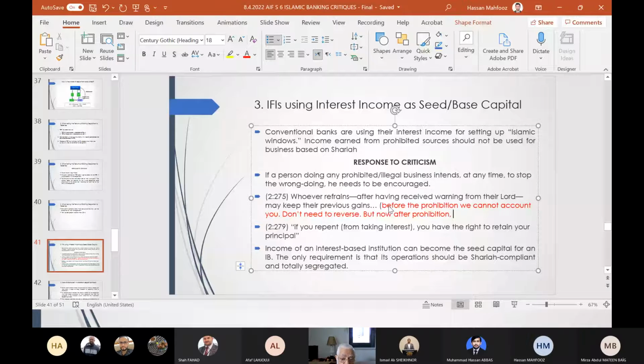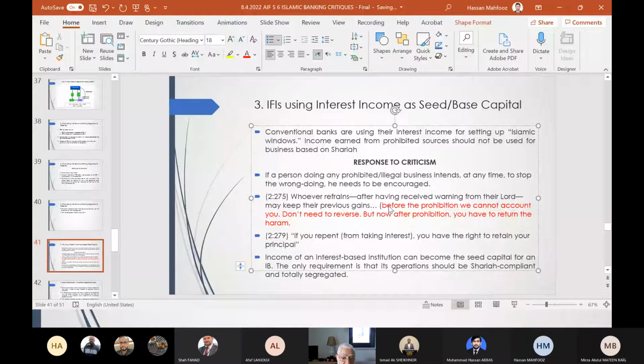And if it cannot be returned for some good reason to the payer from whom you took, you have then to give it to charity. You cannot keep it. And on the basis of this, the purification concept is made. So that's that kind of application.